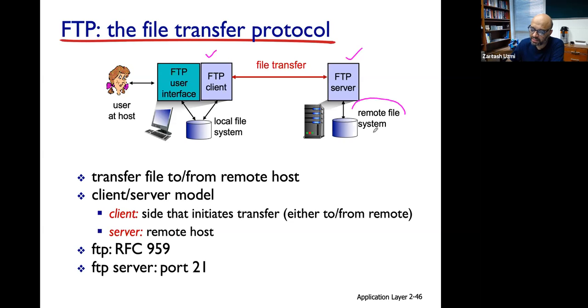There will be a remote file system on the server, just like in HTTP. वहाँ पे भी remote file system होता है, और remote file system से आपके पास web file, HTTP file, HTML file उठ के आ जाती है, या other resources, other objects आ जाती हैं. And then there is the local file system. So file transfer protocol will copy the file, transfer the file between these two file systems.